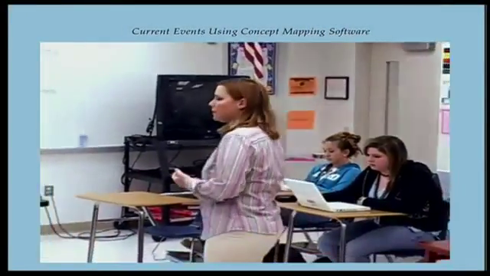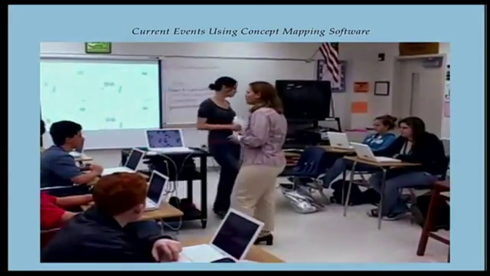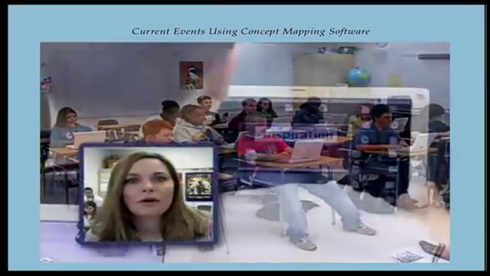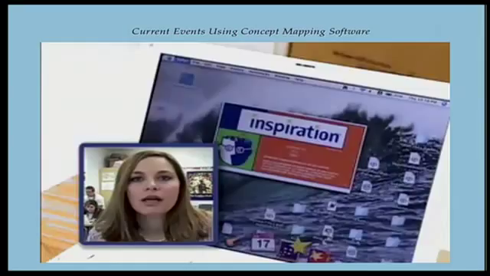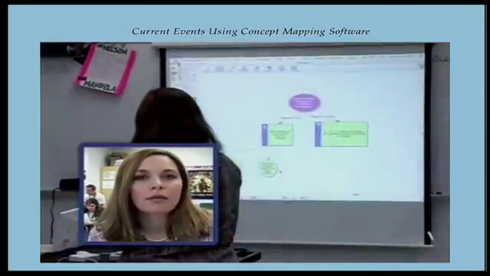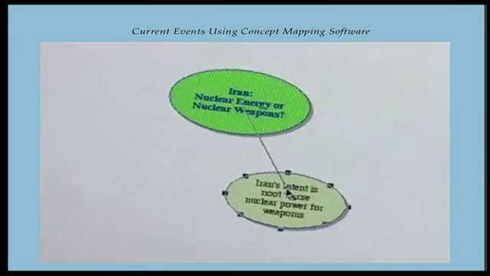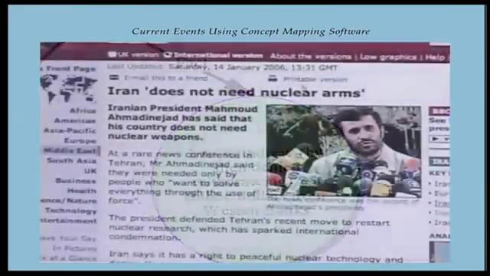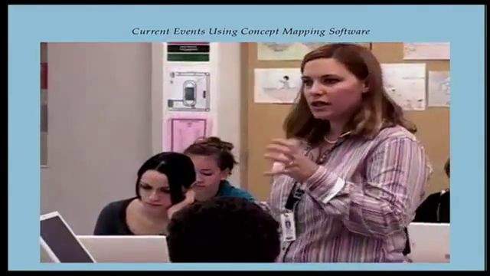Inspiration is a concept mapping. Okay, this is International Relations Honors, and it's 9 through 12. What we did today was I introduced some concept mapping software called Inspiration. I modeled how to use it using current events and problems and solutions. We created facts. We discussed problems regarding those facts, and we came up with solutions to address how to predict what's going to happen with the problem itself.